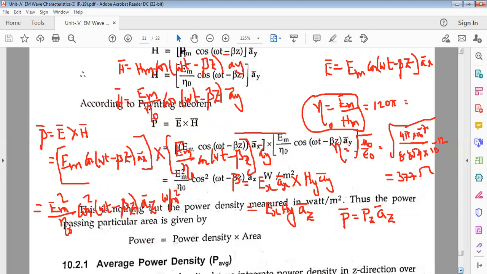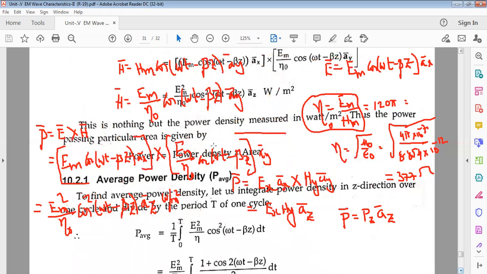To find the average power density, you can apply the integral. See, P average is equal to 1 by T, integral from 0 to T, because z is equal to 0 something, and you can substitute the power, Em square by eta.